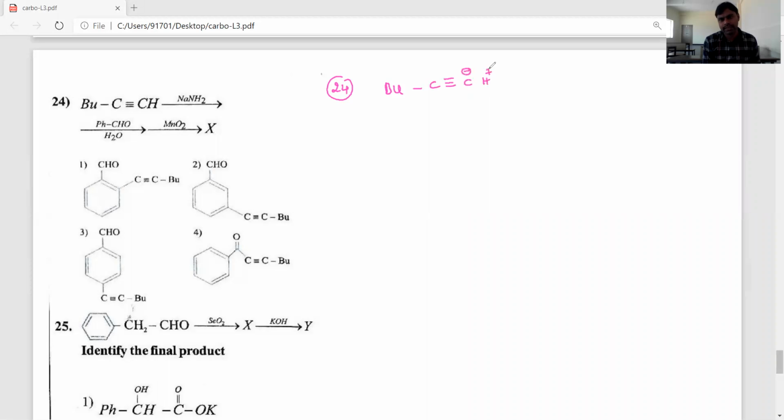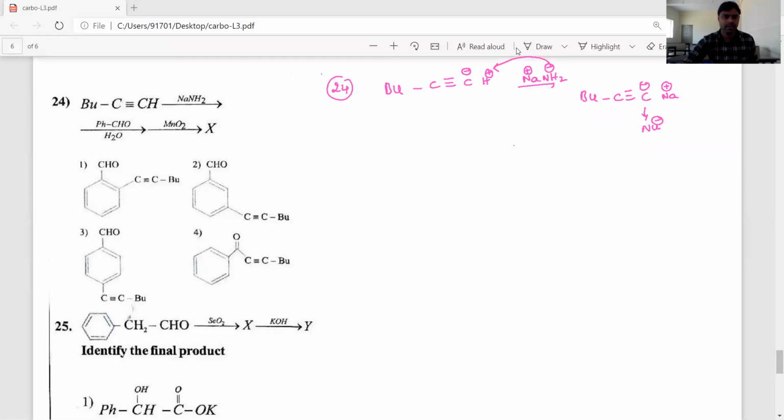Bu C triple bond C H, treated with sodamide, NaNH2, which is Na plus NH2 minus. This NH2 minus removes this proton. This forms Bu C triple bond C minus and Na plus, which means it acts as a nucleophile.